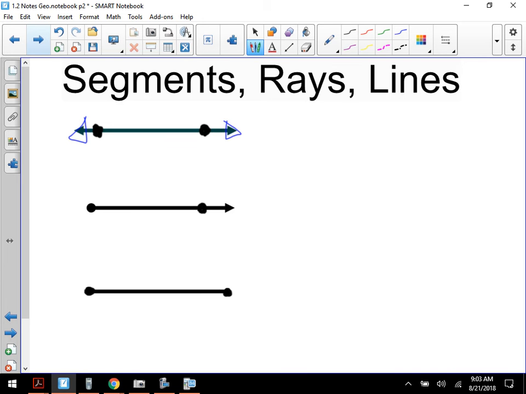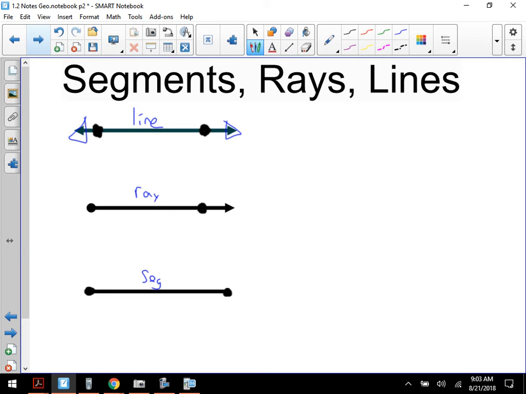So that one has to be the line. Which of the other 2 then would be the ray? The second one. Good. So this one's our line. This one's our ray. And then by process of elimination, this one gives us our segment.